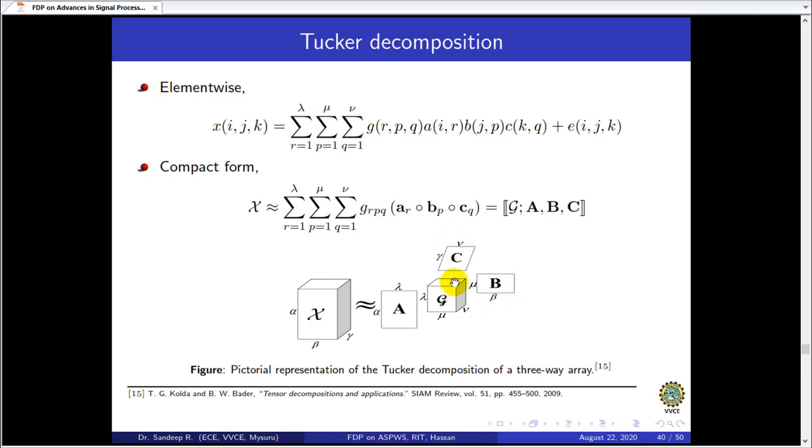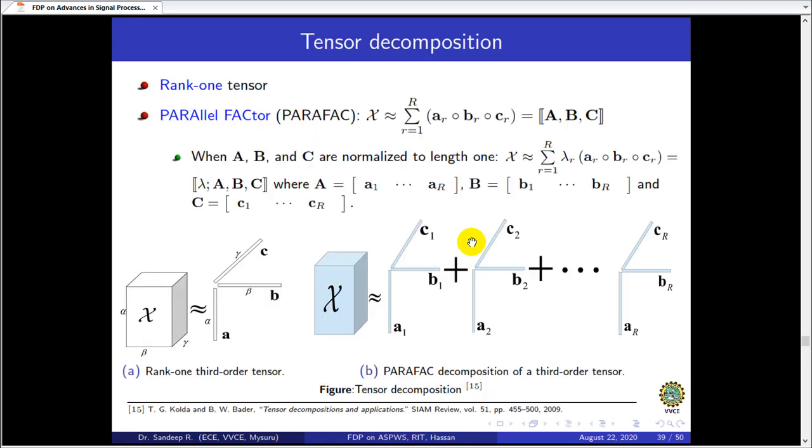These are all called the loading matrices, and the number of components lambda, mu and nu can be completely different. So here we have the flexibility, whereas there we have to choose an equal number of components.